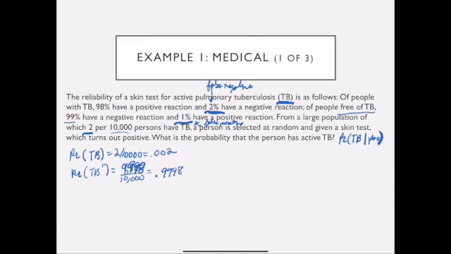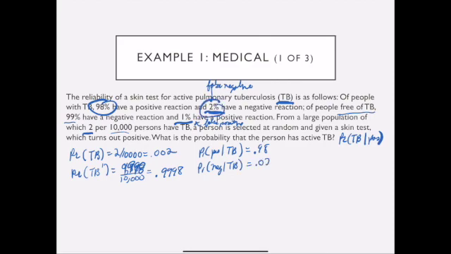The probability that someone has a positive TB test and has TB is 98%. That's the probability that someone has a positive reaction and has tuberculosis, so that's 0.98. The probability that someone has a negative reaction and has tuberculosis is 2%, so 0.02.